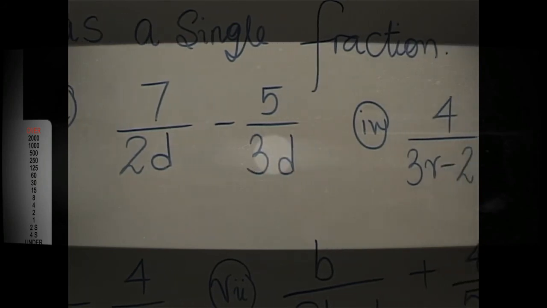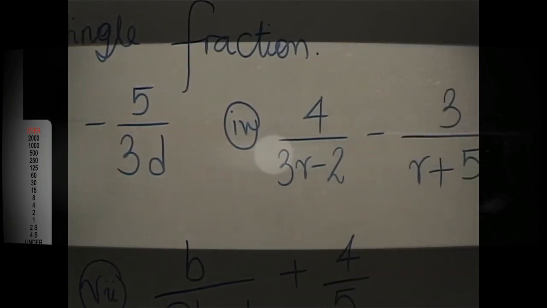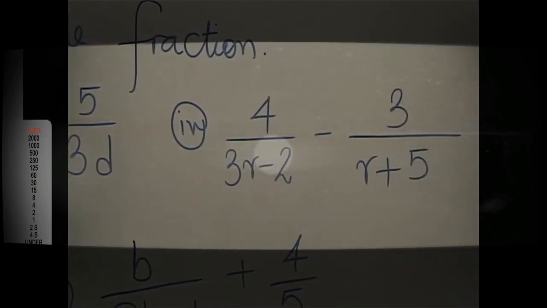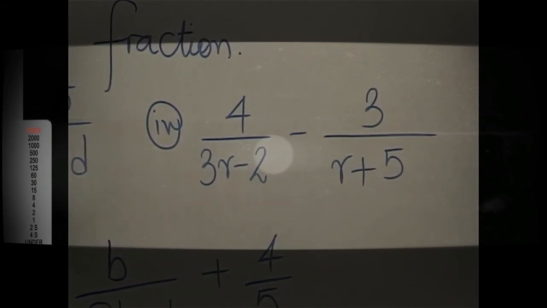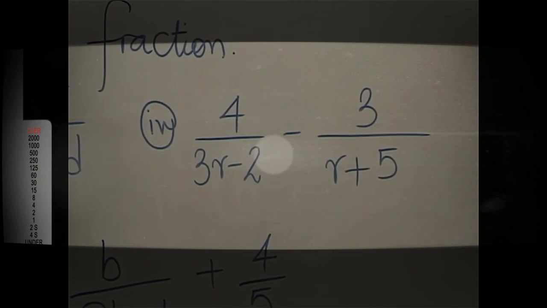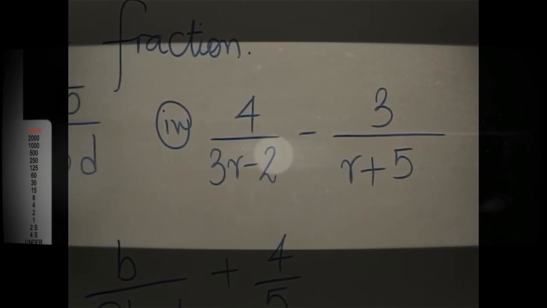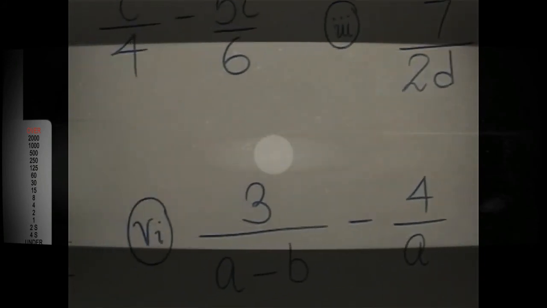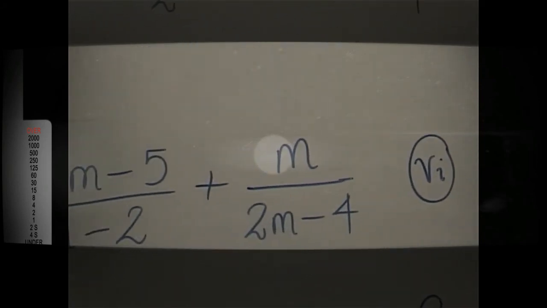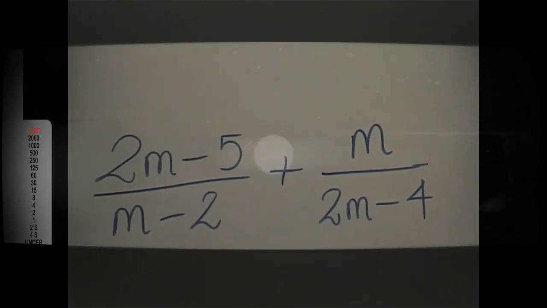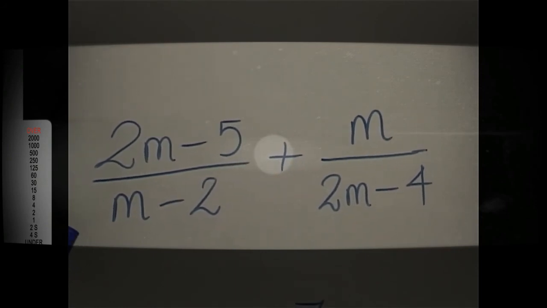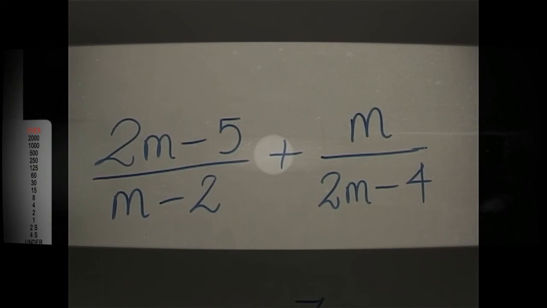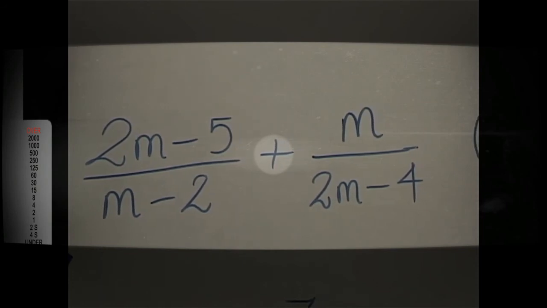The fourth one is 4 over 3r minus 2 minus 3 over r plus 5. The fifth one is 2m minus 5 over m minus 2 plus m over 2m minus 4.